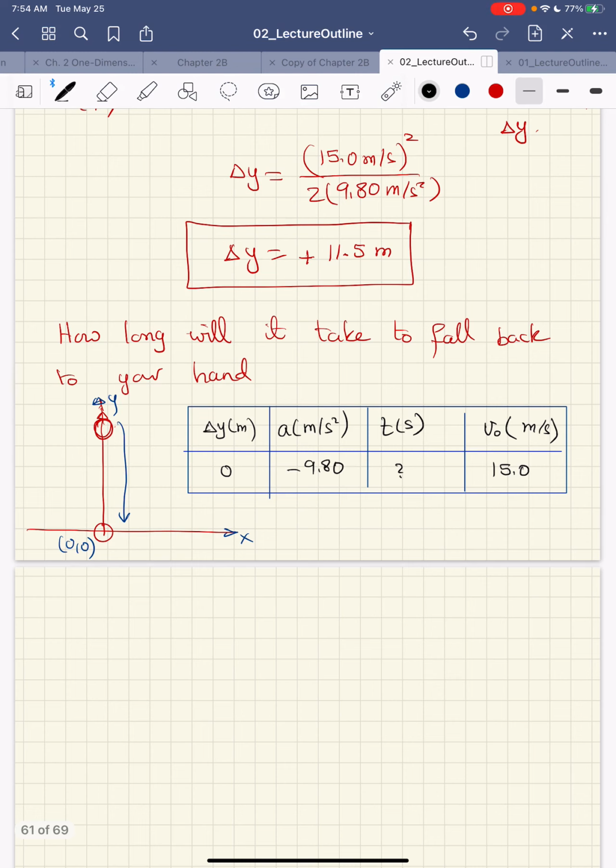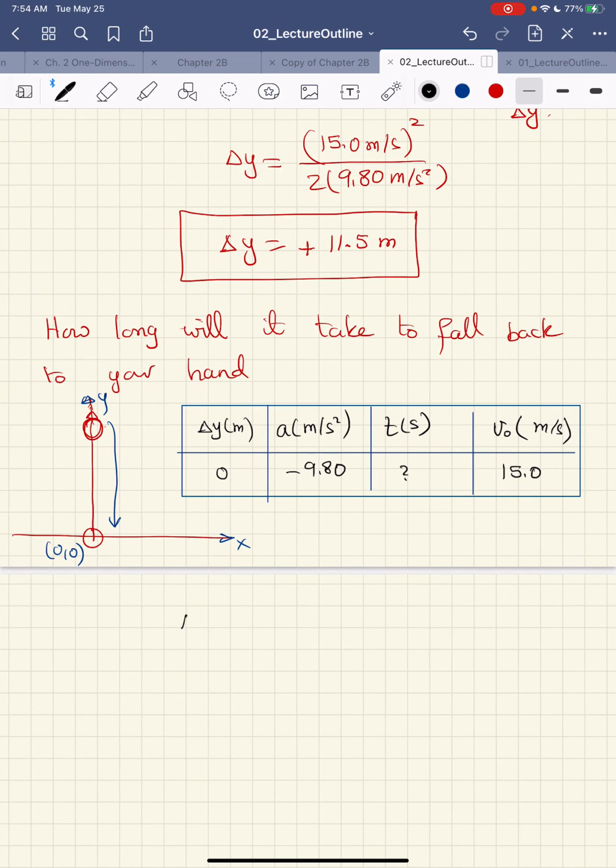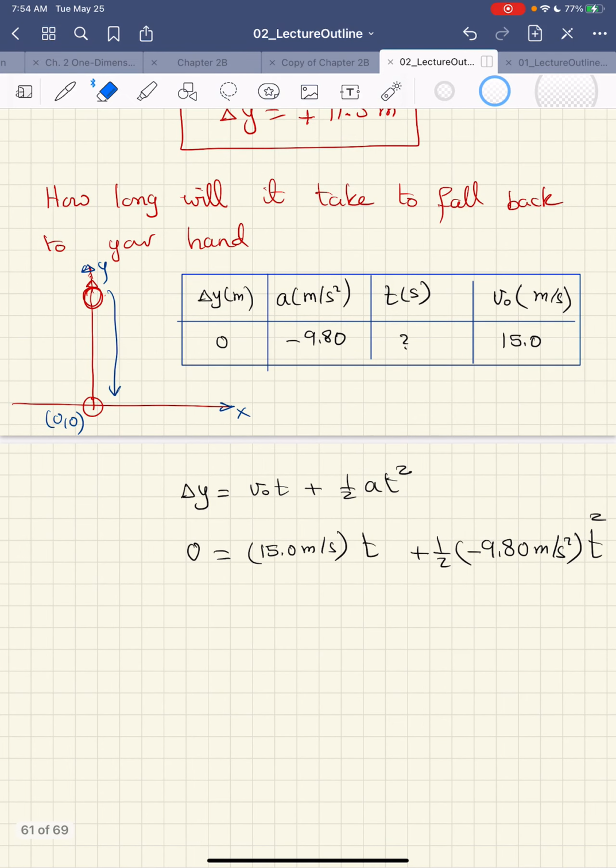Now, what I can do is, again, I can have this equation, V0t plus 1/2 AT squared. Now, this is 0. This is 15 meters per second, T is not known, plus 1/2 negative 9.8 times t squared. From that, I can move this one to the other side and have that negative 9.8 divided by 2, which is 4.9.